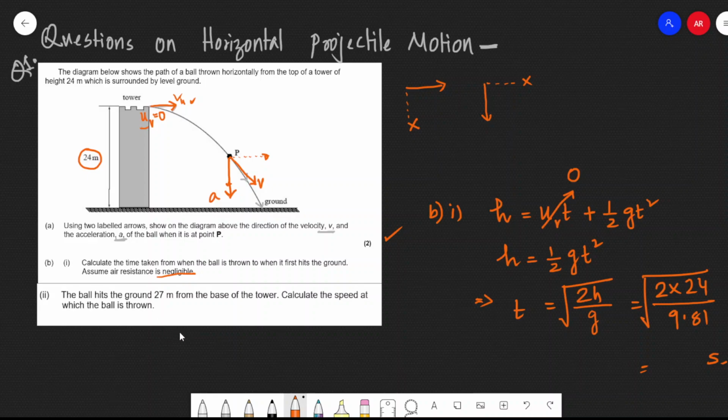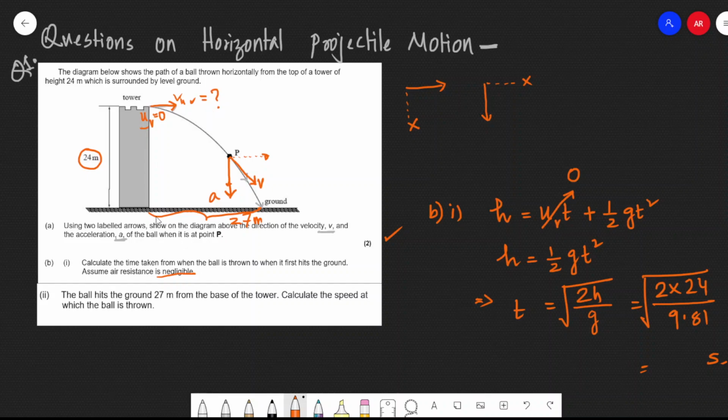Now B2: the ball hits the ground 27 meters from the base of the tower. So this distance has been given, a horizontal displacement of 27 meters from the base of the tower. Calculate the speed at which the ball is thrown. So this has been asked to find.